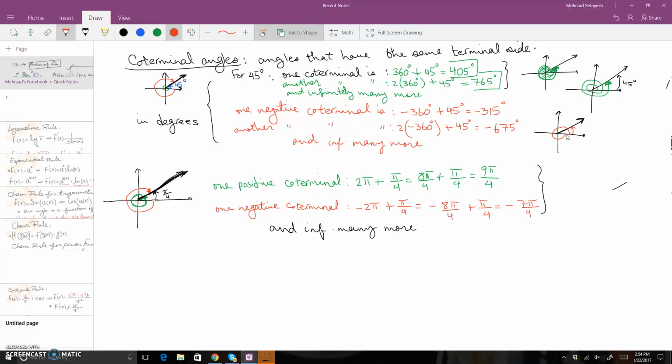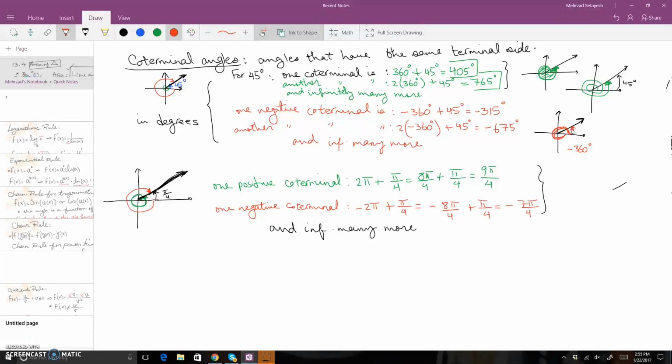You see how it works? So instead of continuing and never stopping at this terminal side, I see that from here all the way to here, that's one full revolution on the negative side. So that's negative 360 degrees. Now, once I get there, I see that, oops, we already passed the terminal side. It's time to go back.